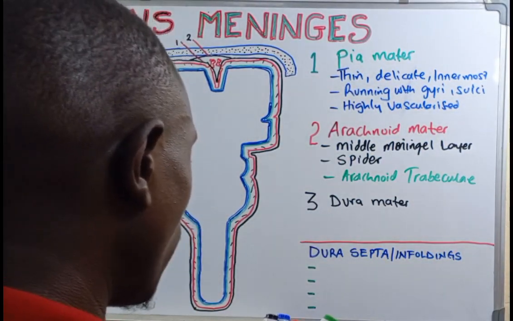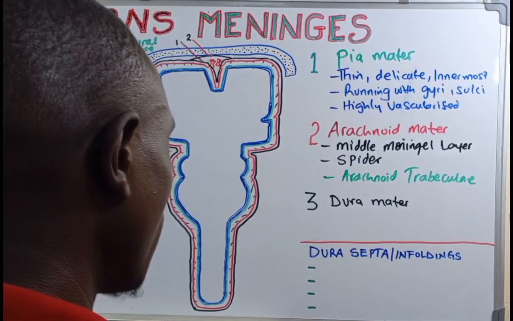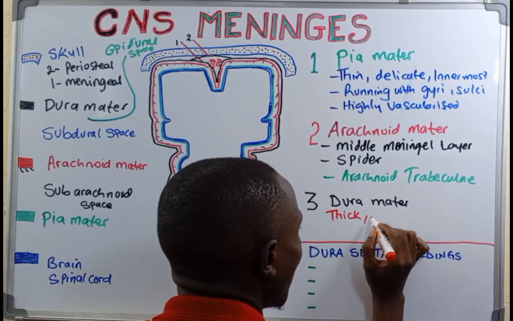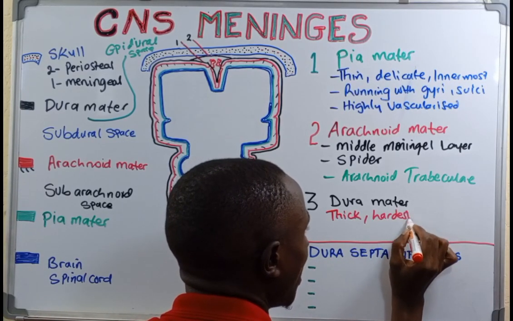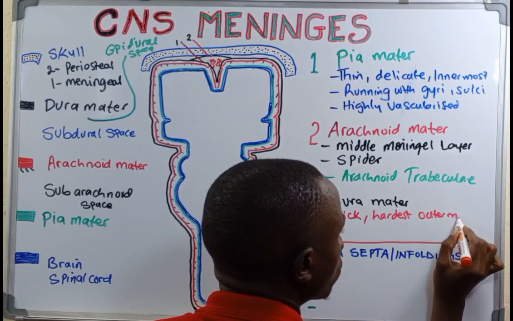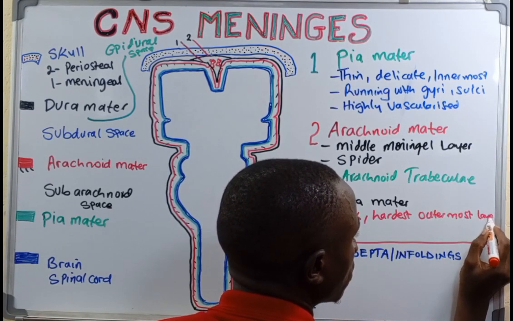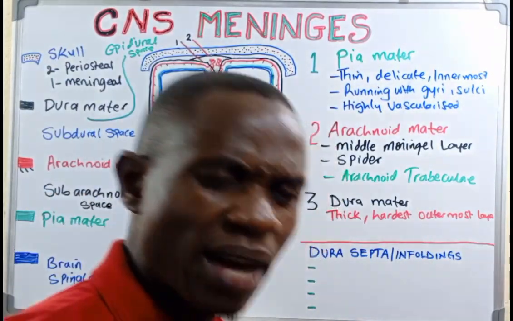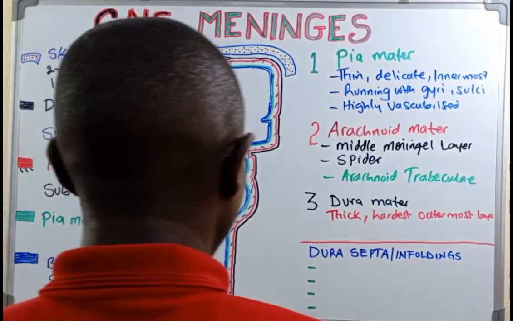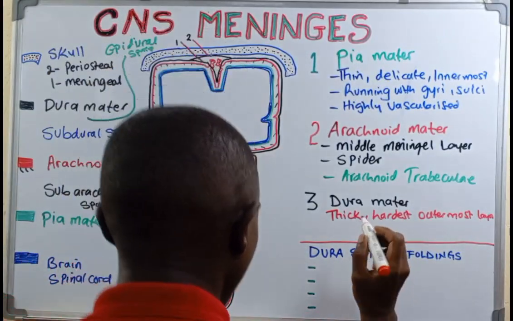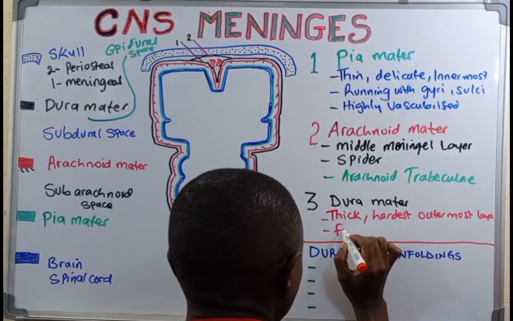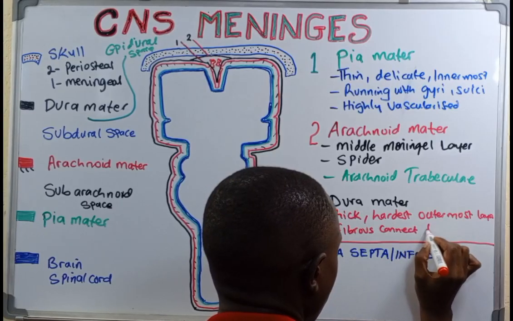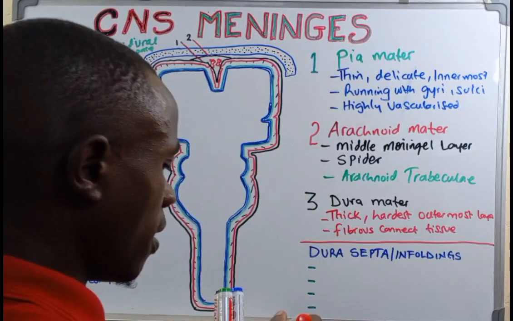The first important thing to note about the dura mater is that it is the thick, hardest, outermost layer, and it is made up of fibrous connective tissue.